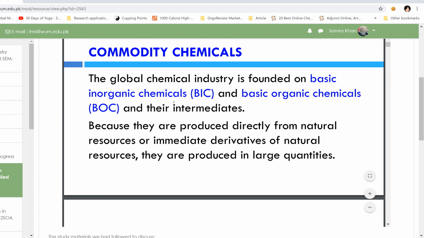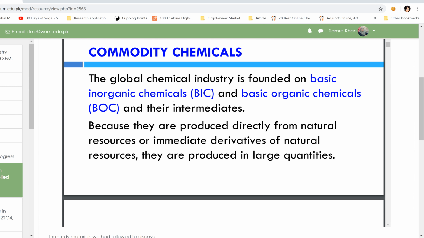Coming to a more specific example, the basic inorganic chemicals would include sulfuric acid, nitric acid, HCl, and other than that, there are more, like ammonia, because they are constantly used. Here's a very amazing relationship that I can comment on right now.